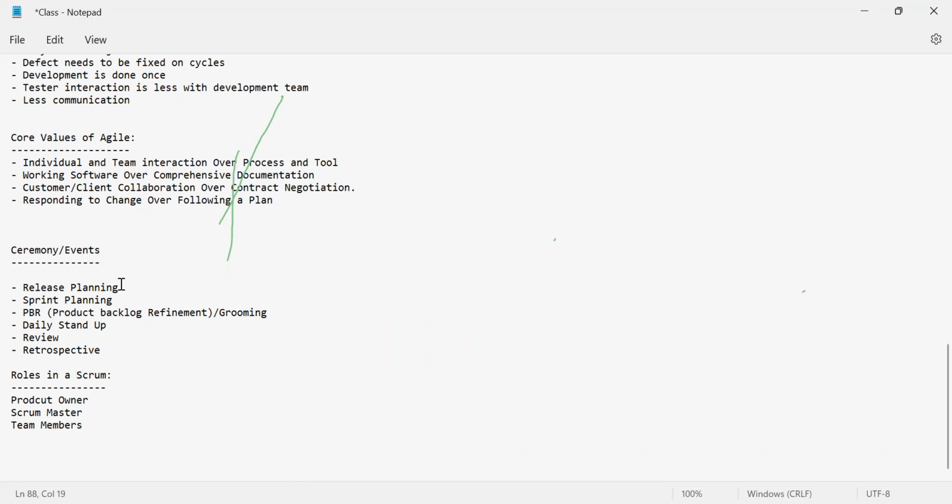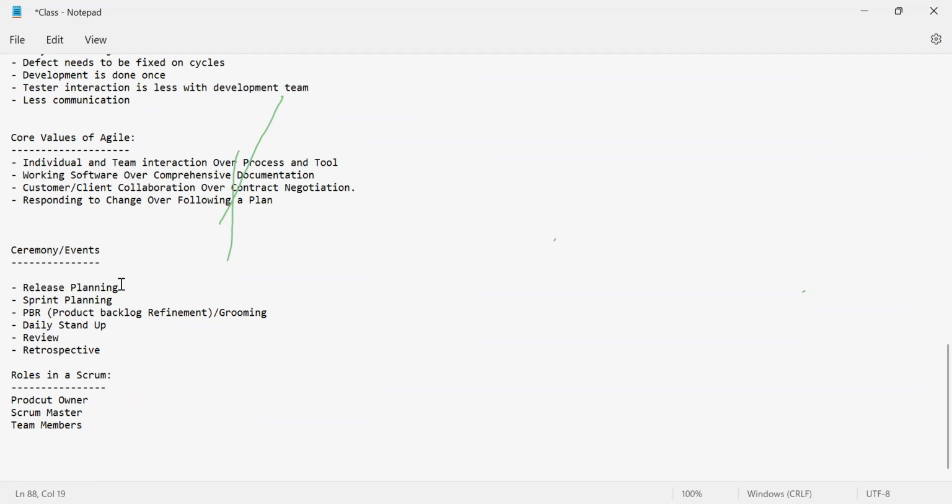What we are doing is what we did in the waterfall model. However, only the terminology is changed and the way of doing it changes. Here we are not waiting for years together.